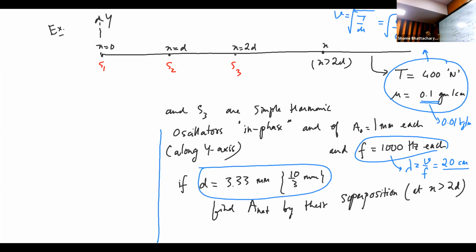the wave that is coming from S1 is E naught sine omega t minus kx.